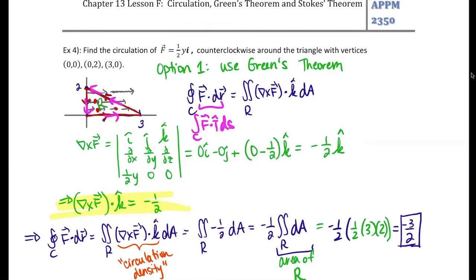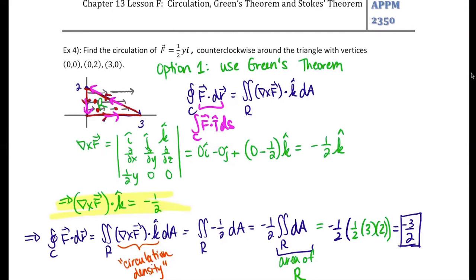We can think of this -1/2 as a circulation density, like our circulation per unit area on the inside, and we can add that up everywhere on the inside, and that should give us the overall circulation around the boundary. And that's what we get here.